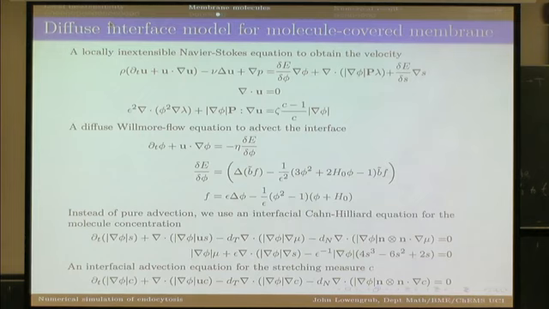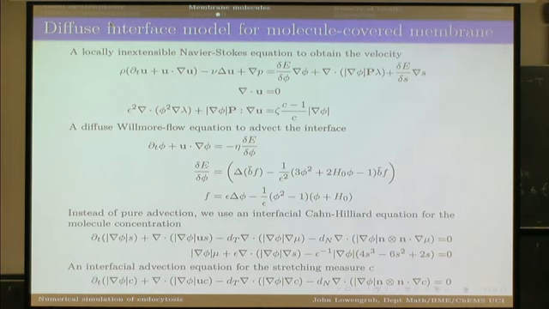And so then, well, this is just the standard diffuse interface way to put in the chemical potential, mu. And so this is the standard Cahn-Hilliard piece. We introduce a normal derivative to extend mu constant in the normal direction.